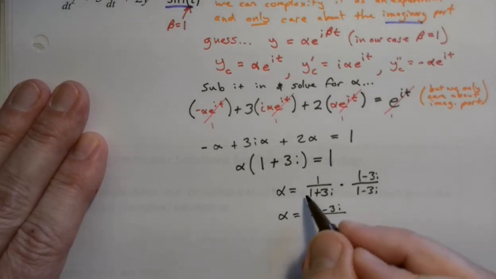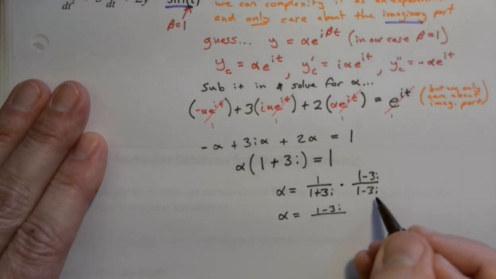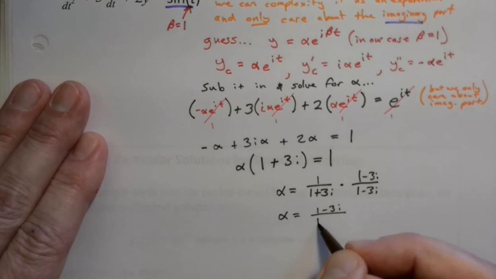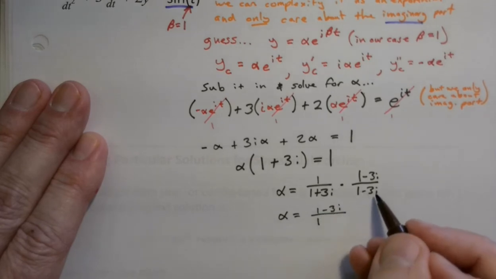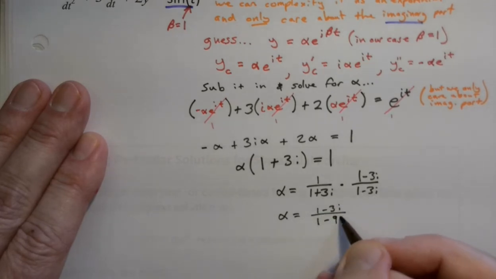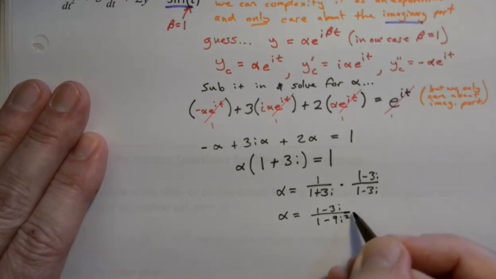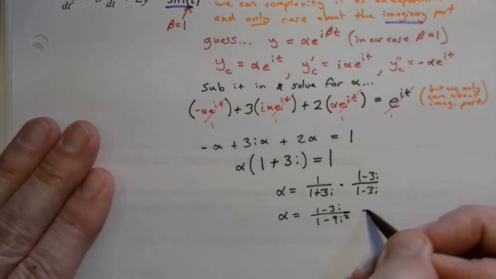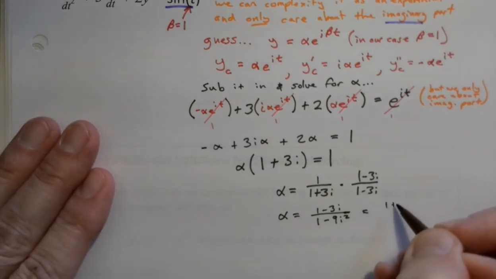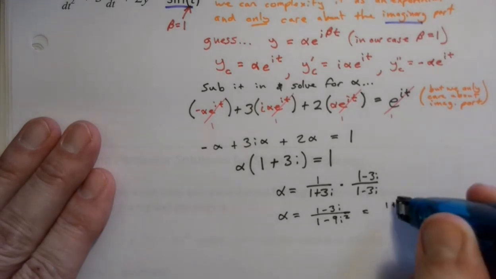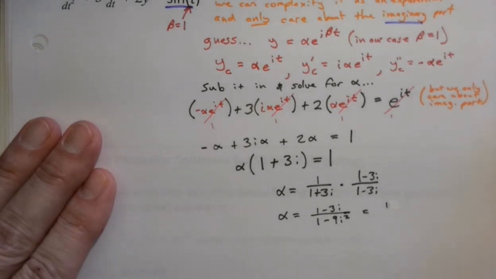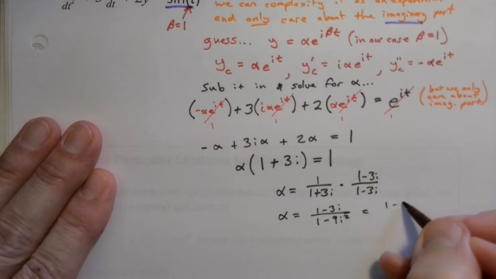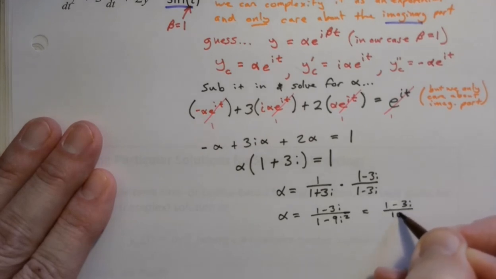And in the bottom, when you multiply complex conjugates, it's just the first terms multiplied together and the second terms multiplied together. So it's 1 minus 9i squared. Now, if you're seeing ahead where we're going, 1 minus 9i squared is the same thing as 1 plus 9. So this is the same thing as 1 minus 3i over 10.